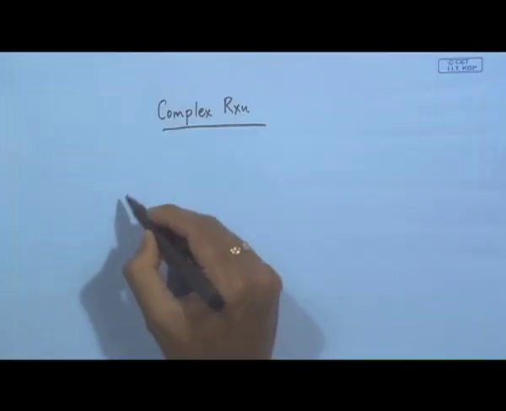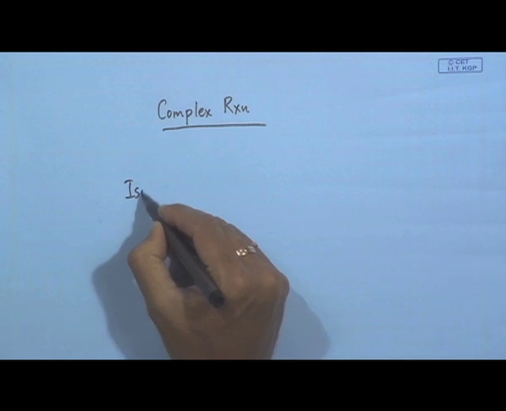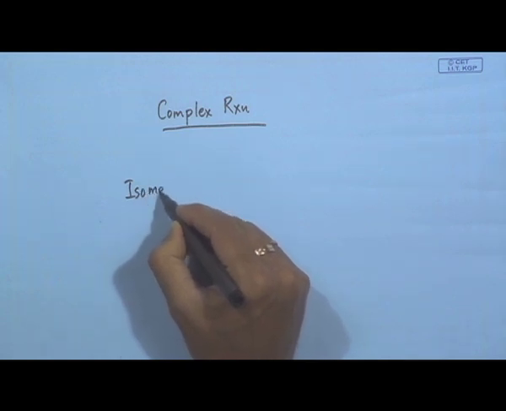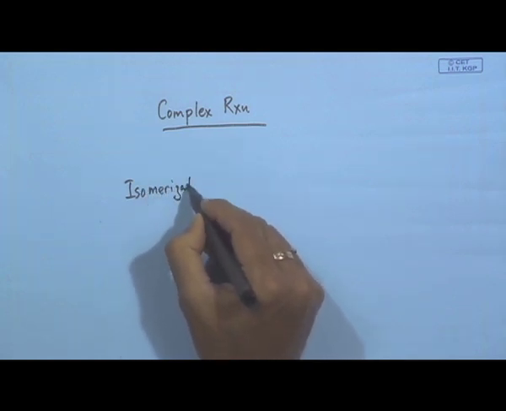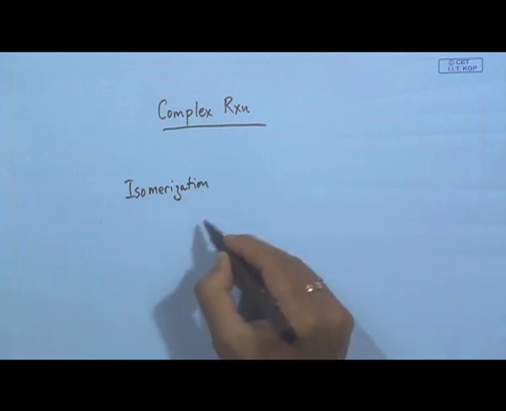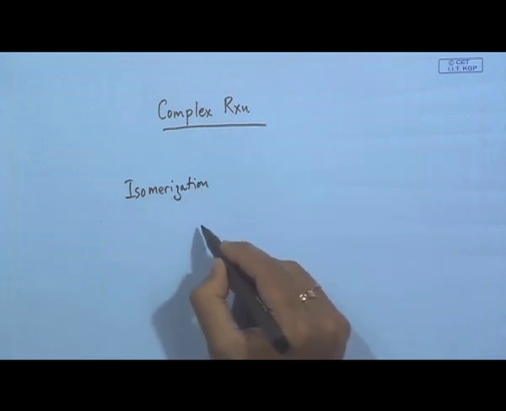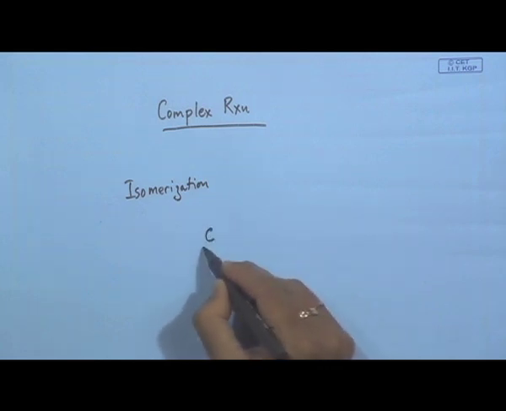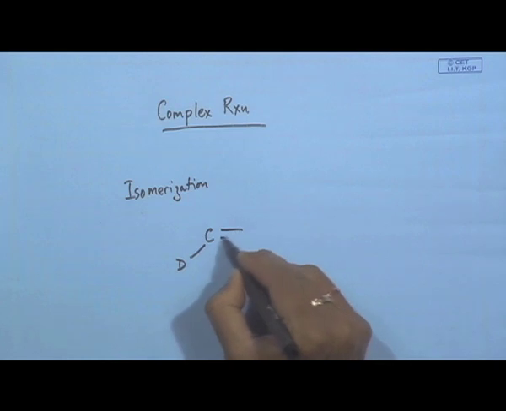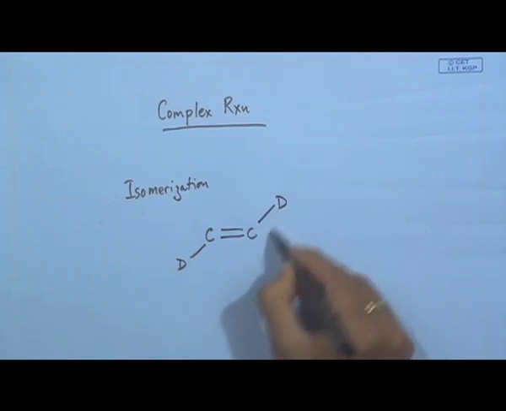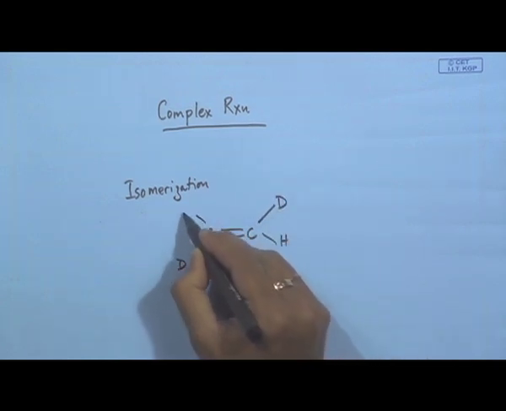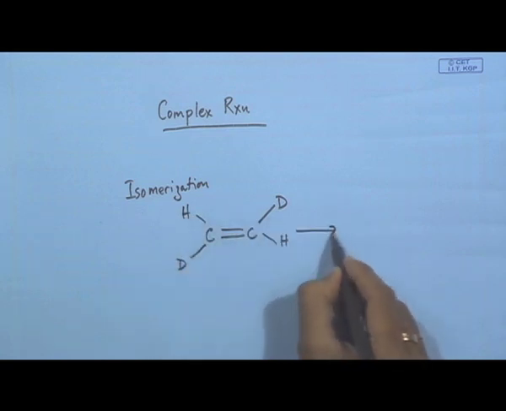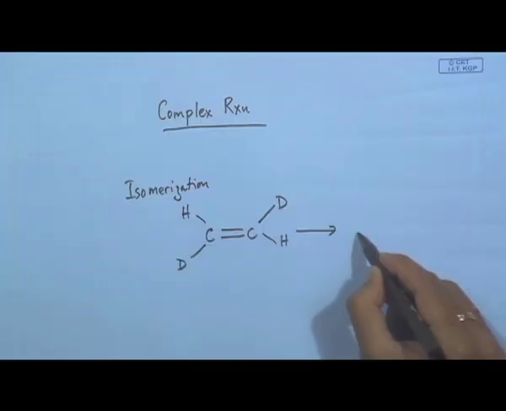So, let us take one example, that isomerization of trans deuteroethylene, like CHD=CHD, so it isomerizes to cis form like this.